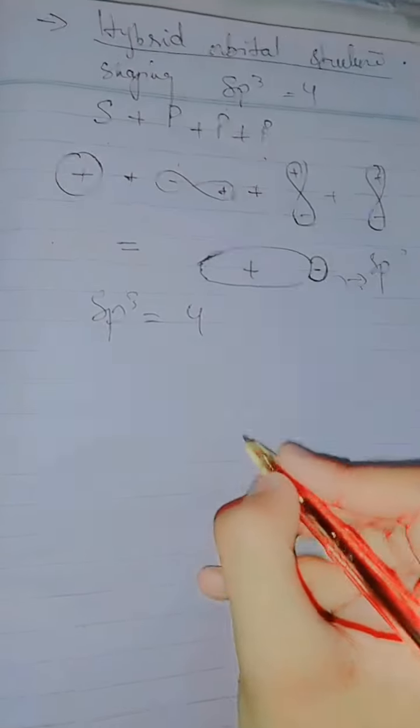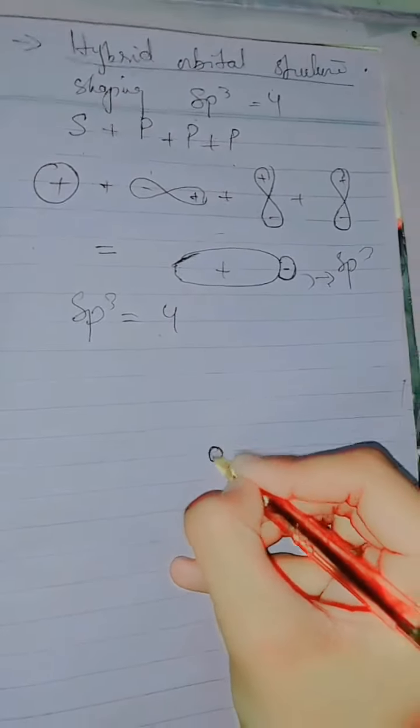Now making the hybrid orbital structure, we know there are 4 sp3. We have to make 4 sp3 around the central atom.